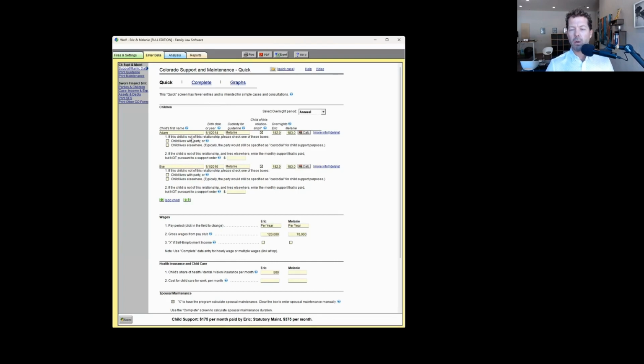But in this example, listeners can see that I have Adam and Eve, who are the children of Eric and Melanie Wolfe. And right now, the parenting time is equally divided between Eric and Melanie Wolfe. And you'll see why this matters. In this example, Eric makes $120,000 and Melanie makes $70,000. Again, I'll have other episodes talking about how we determine income.